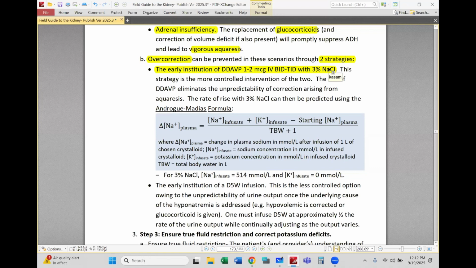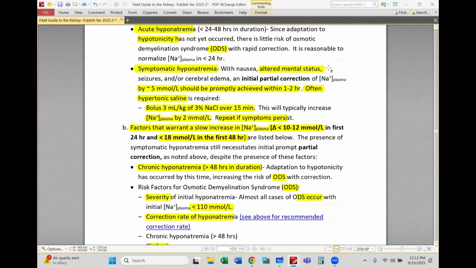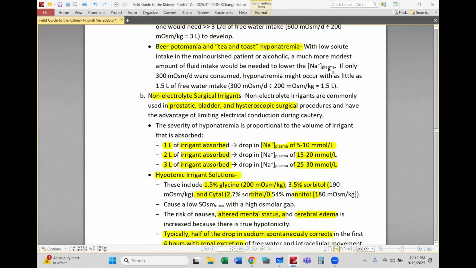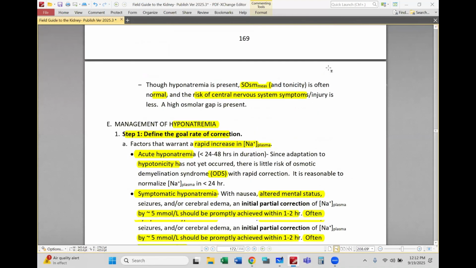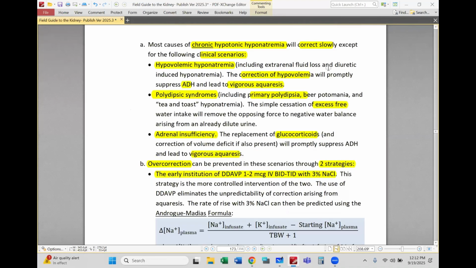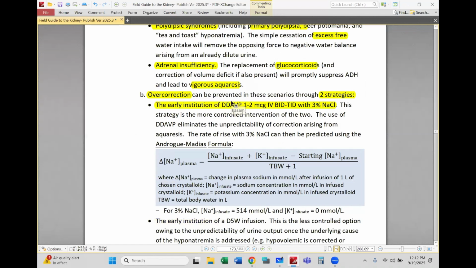It's just you give the patient this fluid and the sodium will rise by this amount. Now, as soon as you give them DDAVP, they become that somewhat closed box system. And so you can use Adrogue-Madias to predict the rate of rise with 3% saline and prescribe accordingly.